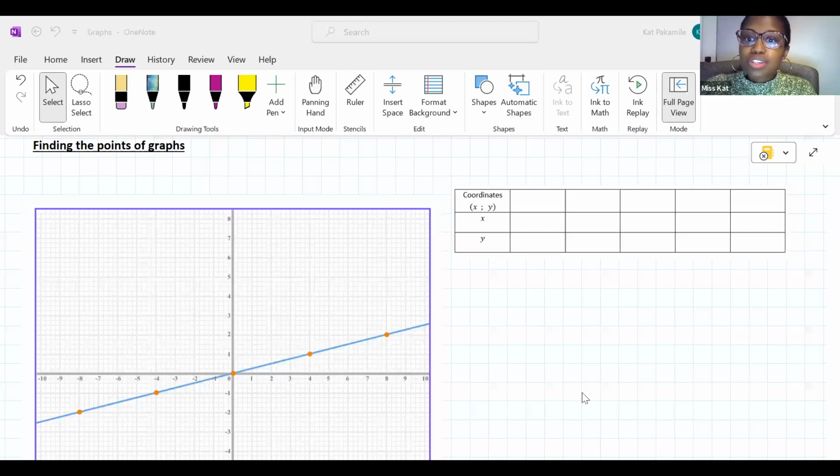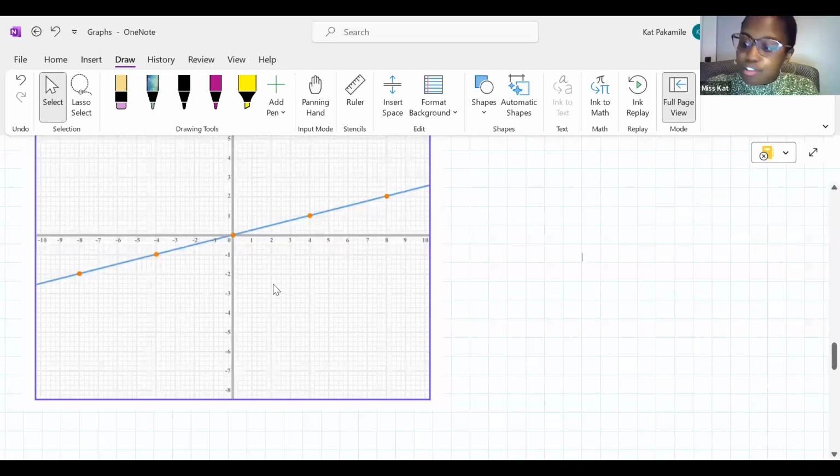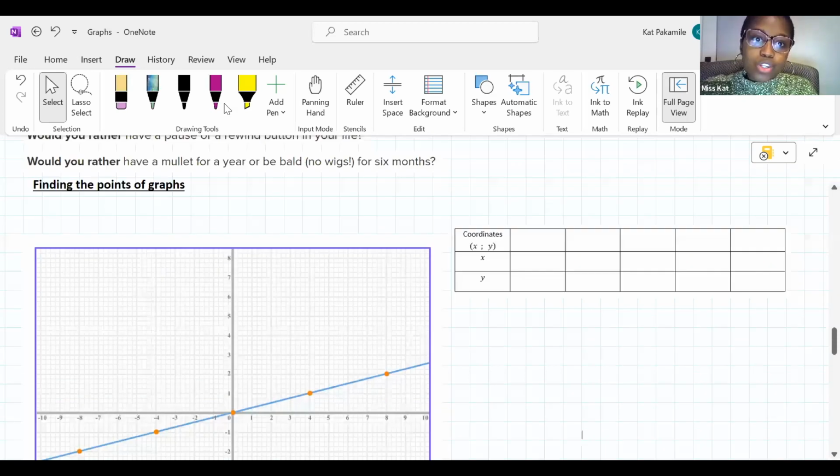For instance, in the previous graph, the first one, we didn't have negative y values. So you don't have to draw the negative parts of the axis, okay? You just draw what you need and make sure your Cartesian plane has enough space for all the points that you have been given, okay?